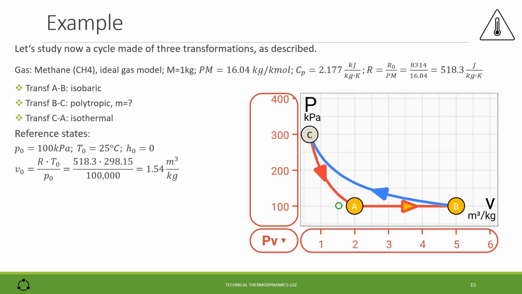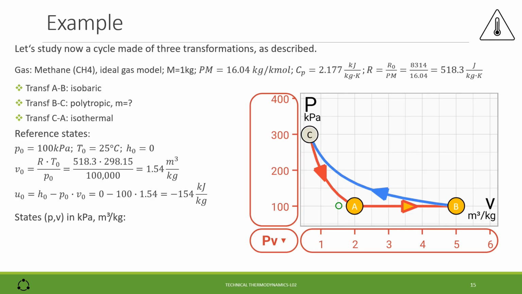The reference specific volume is then calculated as R into T0 over P0, 1.54 cubic meter per kilogram, and U0 also can be calculated as H0 minus P0 into V0, that is 0 minus 100 times 1.54, that is negative 154 kilojoule per kilogram.